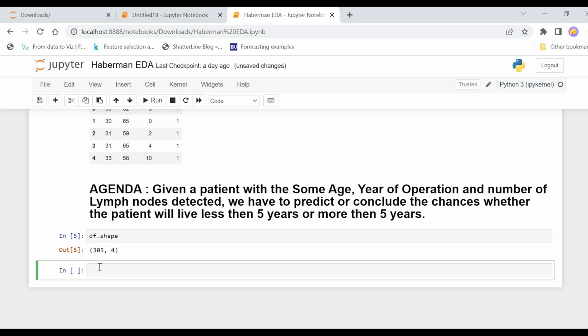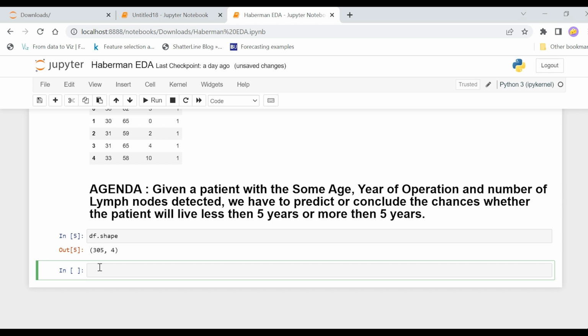Now the dataset is quite small, 305 rows. Once you get such a small dataset, you won't be 100% correct on any of your predictions, because 305 is a very small number to say that something is truly going to happen.